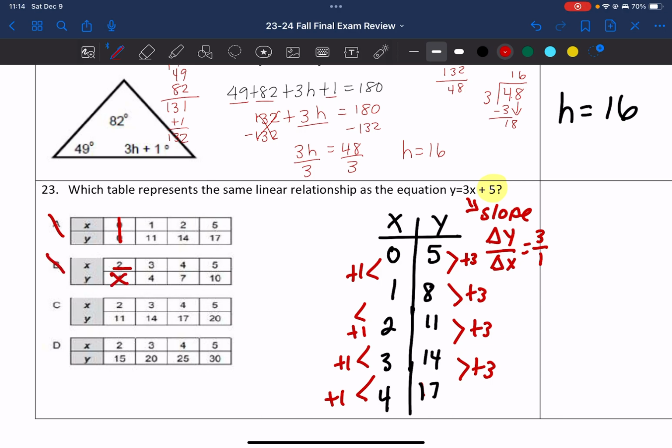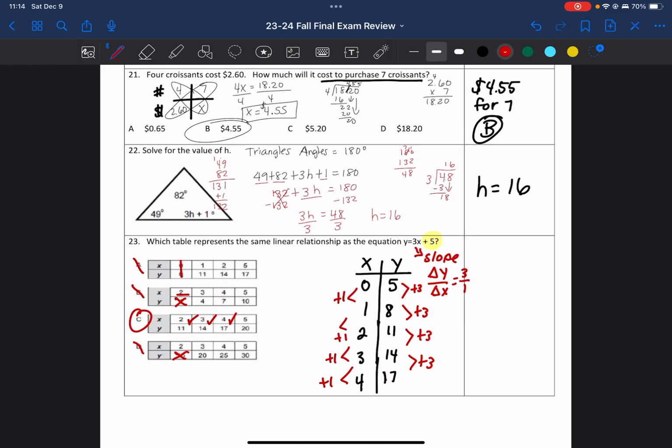Okay, now let's look at C. At 2, we have 11. That is correct. And let's look at the next ordered pair. We have 3, 14, and then we have 4, 17. So this one turned out to be right. If I look at D, just in case, we have 2 for x and 15 for y, which is not what we have over here. So this is wrong. So it'd have to be C.